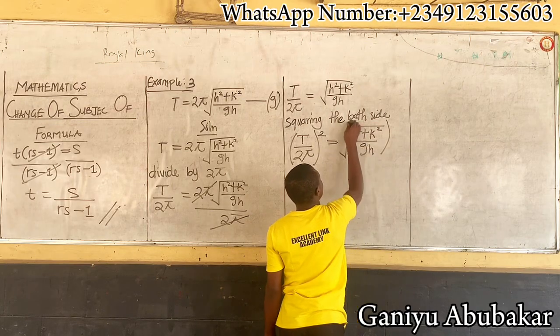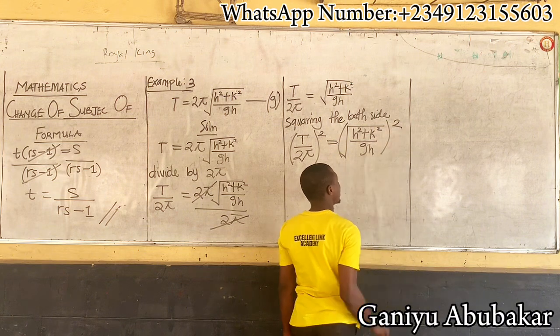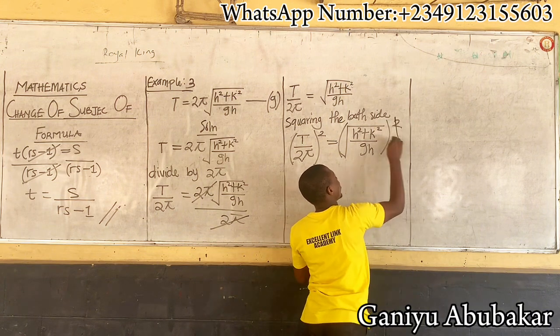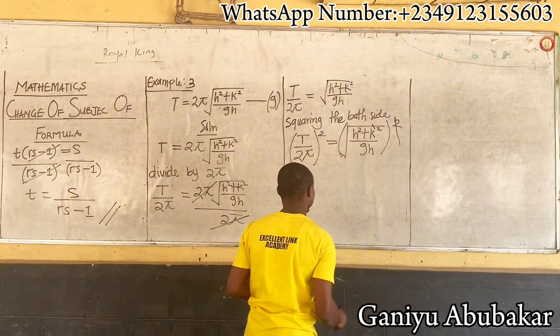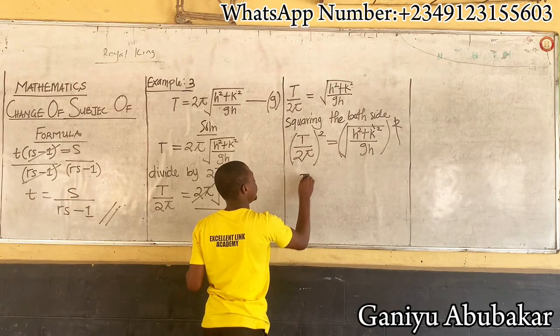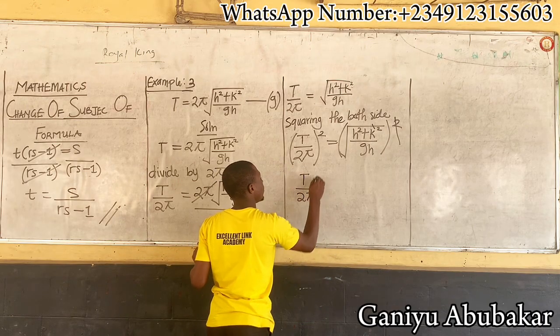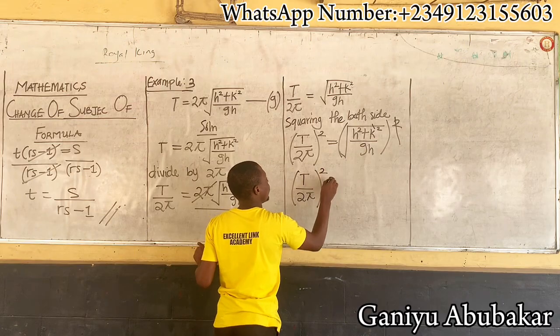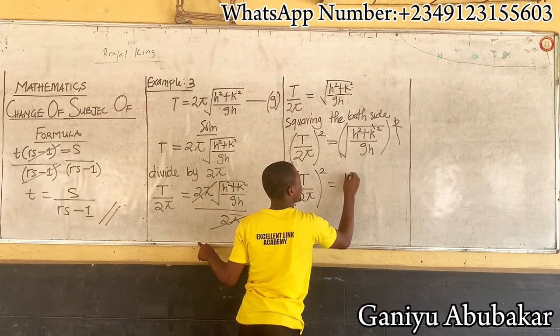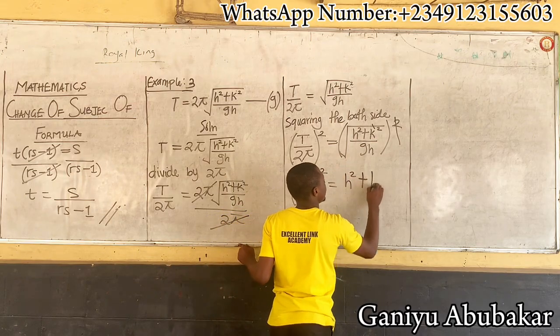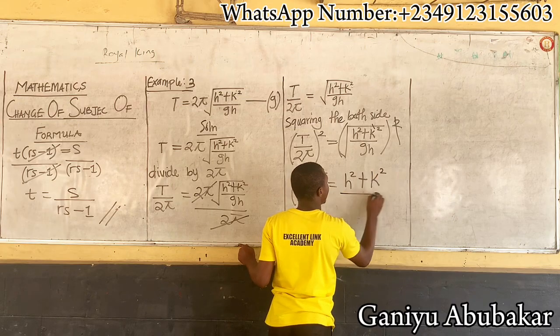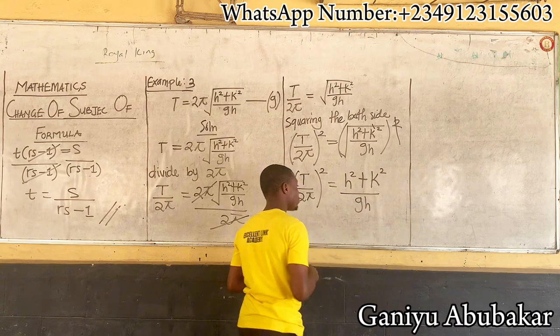I'll also square these two. What do I observe in math? Square should cancel square root in mathematics. So I'll have t over 2 pi squared equal to what? I'll have just h squared plus k squared over gh left.